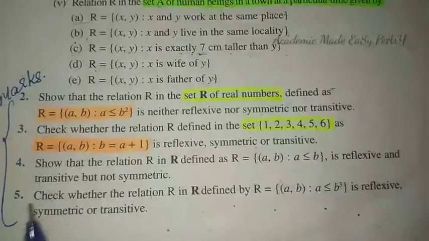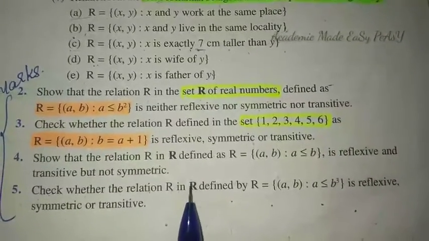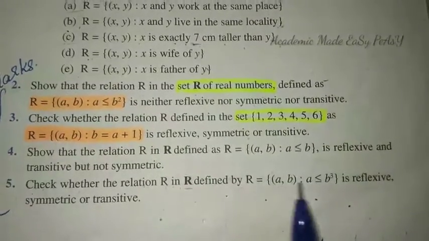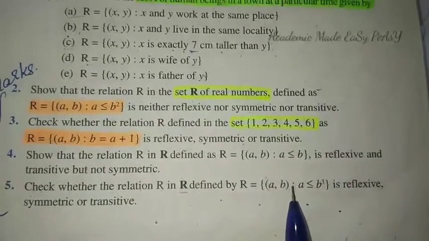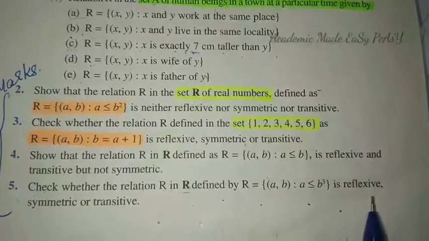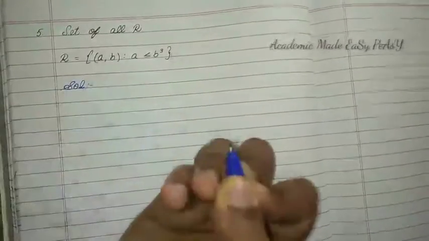Now let's move on to the fifth question. Check whether the relation R in real numbers defined by R = {(a, b) such that a is less than or equal to b cube} is reflexive, symmetric and transitive. Solution.